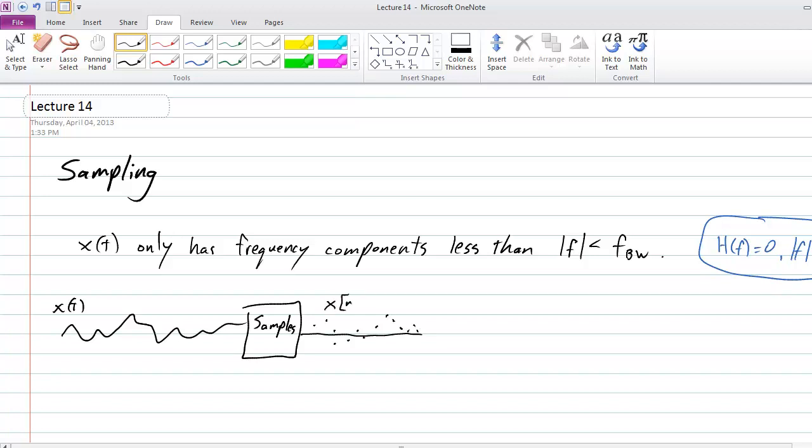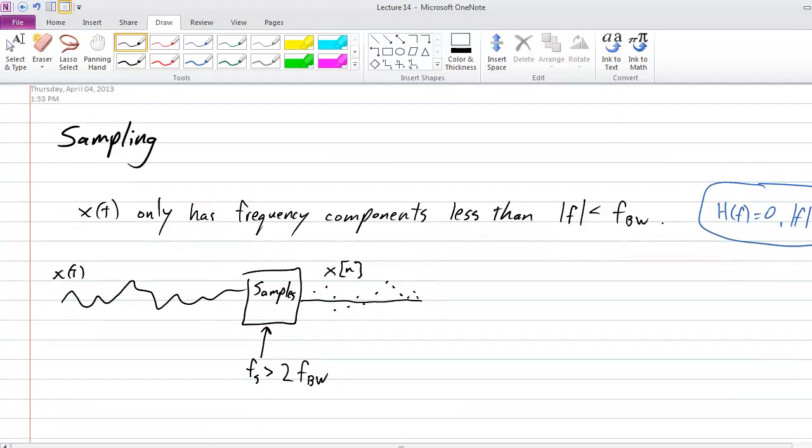As long as the sampling frequency is greater than twice this bandwidth, then we can recover. Now, last time I put this backwards. We derived why we need this inequality, but I put the 2 on the wrong side of the inequality. So the notes from last time have a mistake.